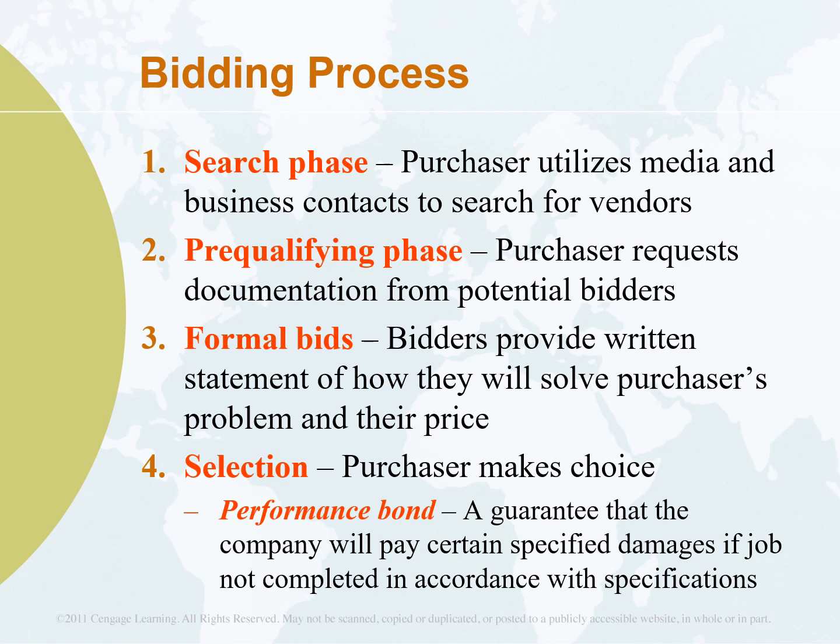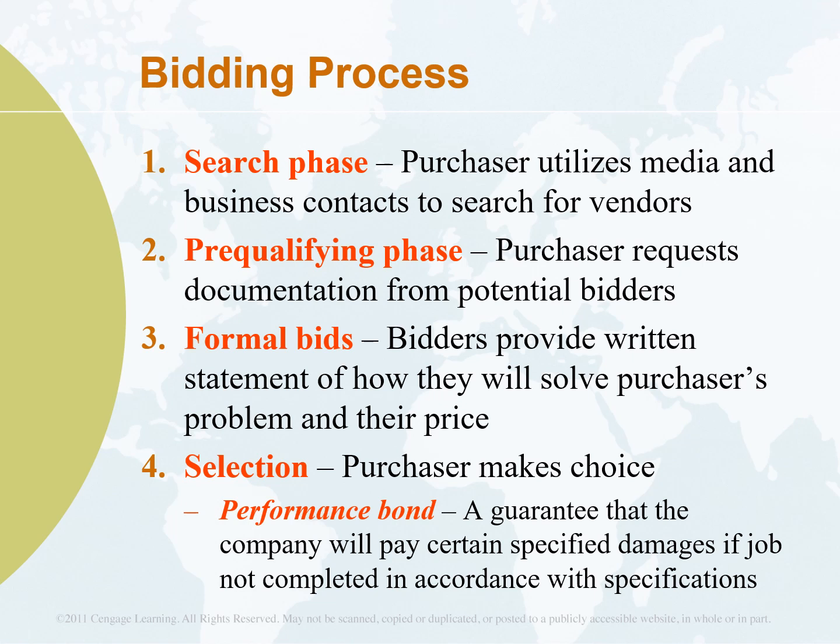Then the third stage, formal bids. The bidders provide a written statement of how they will solve the purchaser's problem and the price. It's in the form of a sealed bid. You turn in the sealed bids by the deadline. And the last stage is selection.